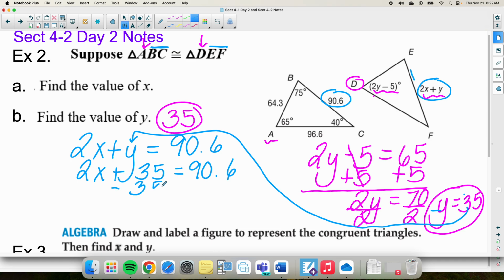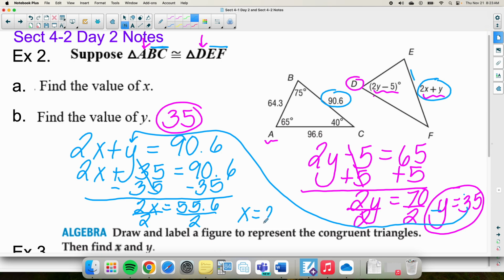I'm gonna subtract 35, and I get 2x equals, would that be 55.6, I believe? And then we would divide that by 2, and x would equal, I believe that would be 27.8. Did anyone have a calculator and check that? I believe that would be what it would be. So that would be this answer right here.